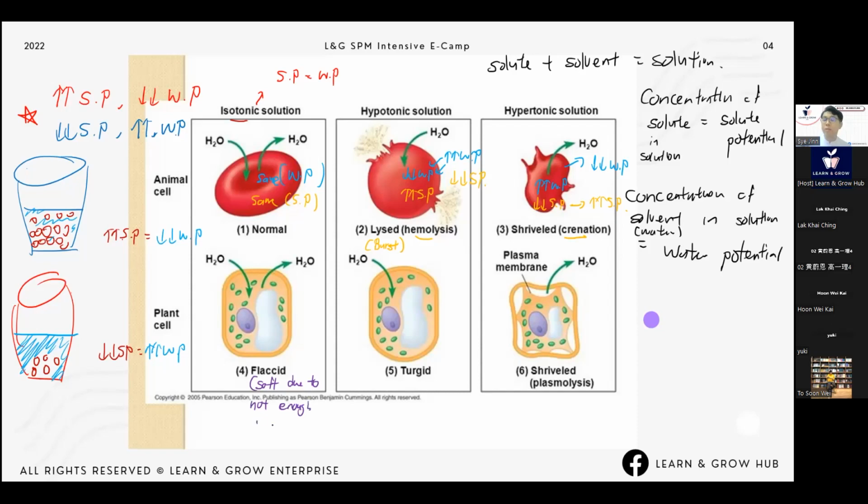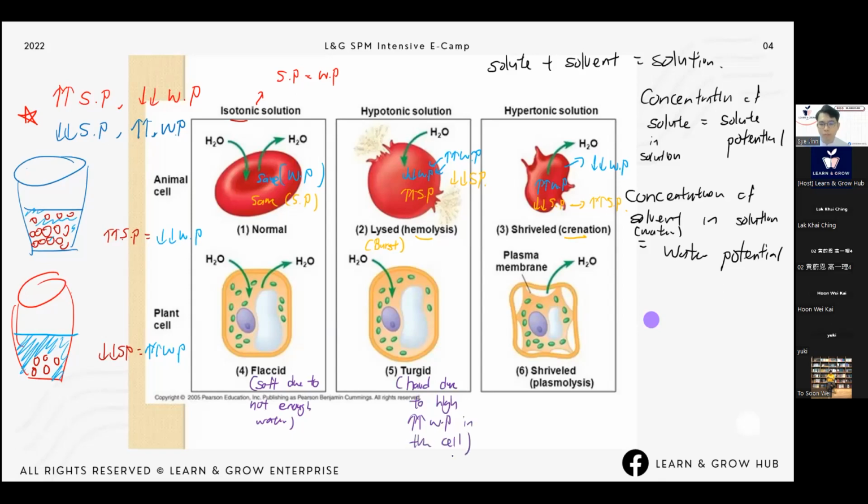But if you water your plant in your house every day, it forms a hypotonic solution around the plant cell. It becomes turgid, so it turns very hard due to high water concentration inside the cell.